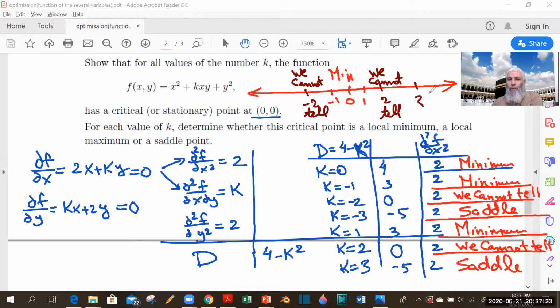And from 3 to infinity, and from -3 to minus infinity, the point is saddle. That's it. So, for example, if I have the same question in an exam, I can write just this, yes? Yes.